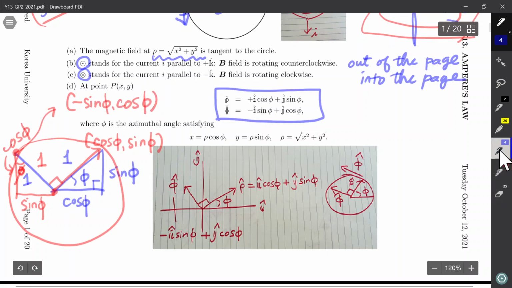We know that the planar radial vector on the xy plane has these coordinates: x coordinate cosine phi, y coordinate sine phi for the planar radial vector. This is the tangential vector.